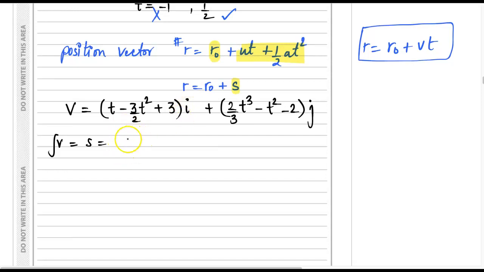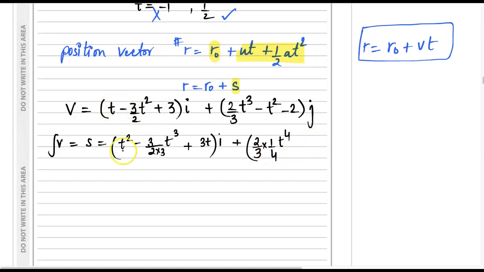It's going to be giving us t squared minus 3 over 2 t squared, so it would be cubed times 3 plus 3t i plus 2/3 of t to the power 4 over 4.